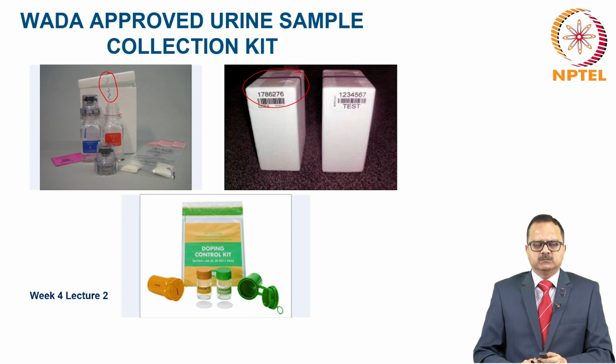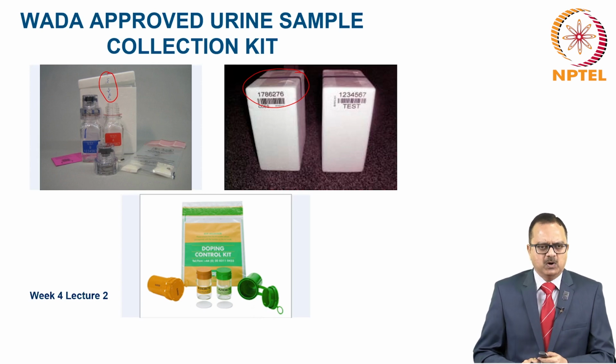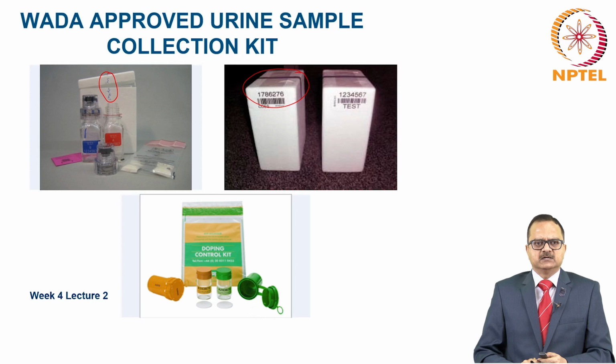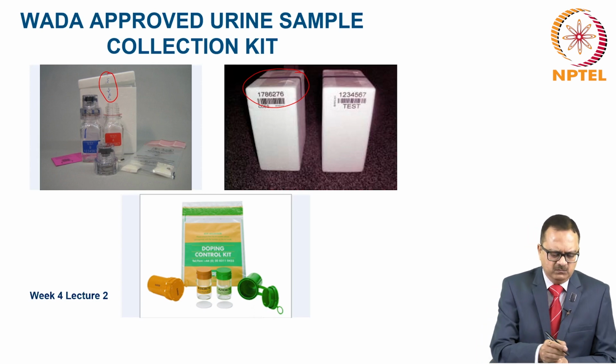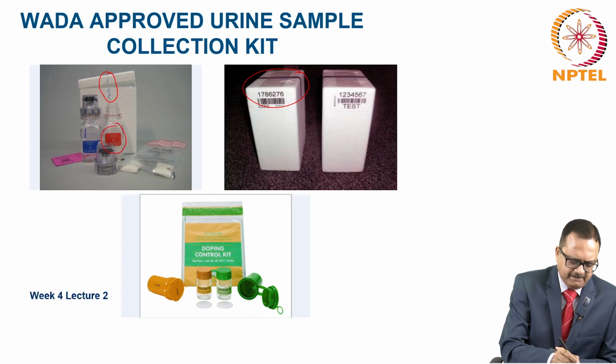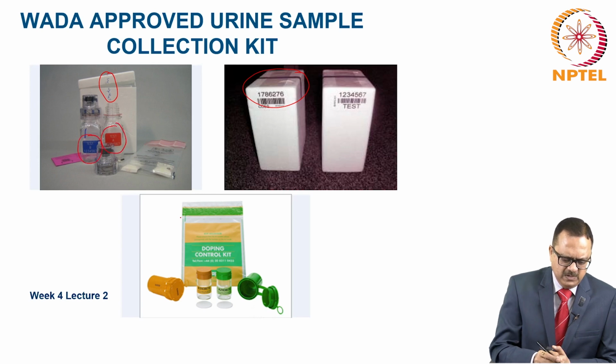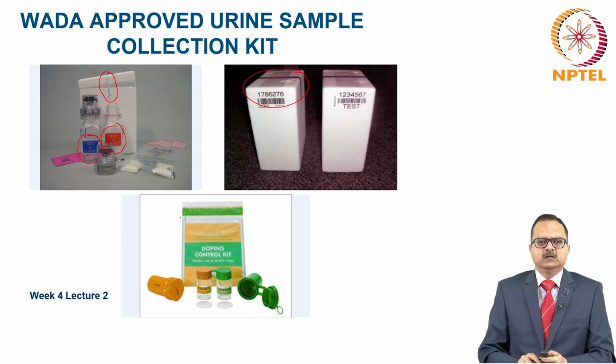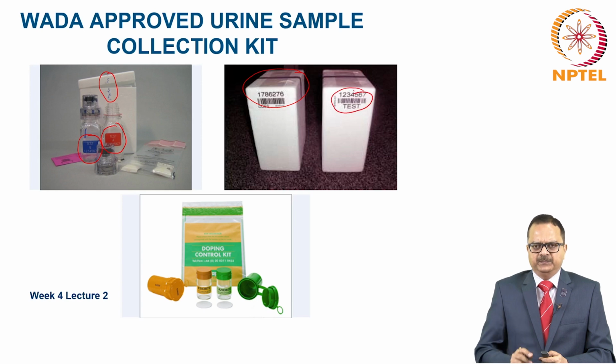When the thermocol box is opened, you will find two bottles. It is written test A with a serial number and test B with a serial number. The serial number on the bottle should be the same as the serial number on the outside of the kit.